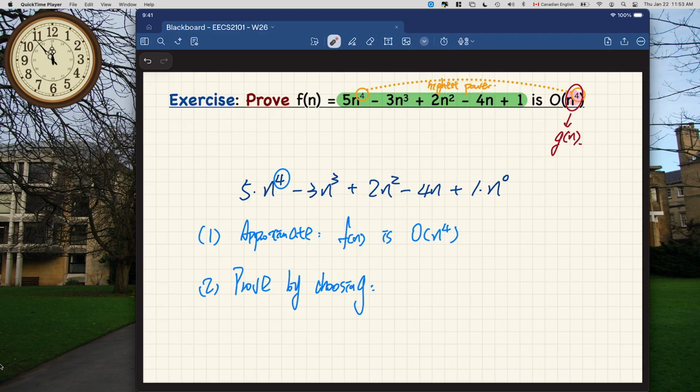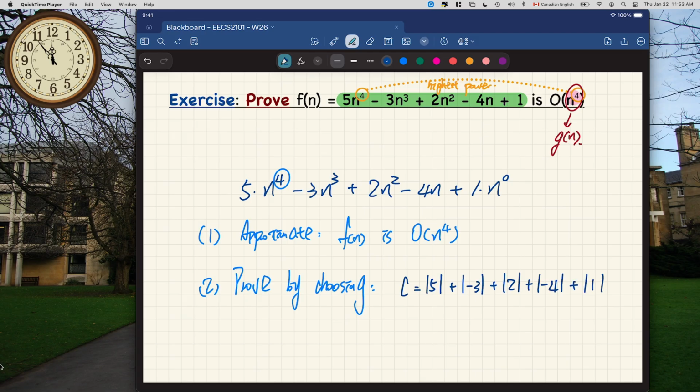So number 1, we have the C, which will be equal to 5 plus minus 3 plus 2 plus minus 4 plus the 1 right here. All right? And it's 15. N0 in this case, because there's no log, will be just 1.